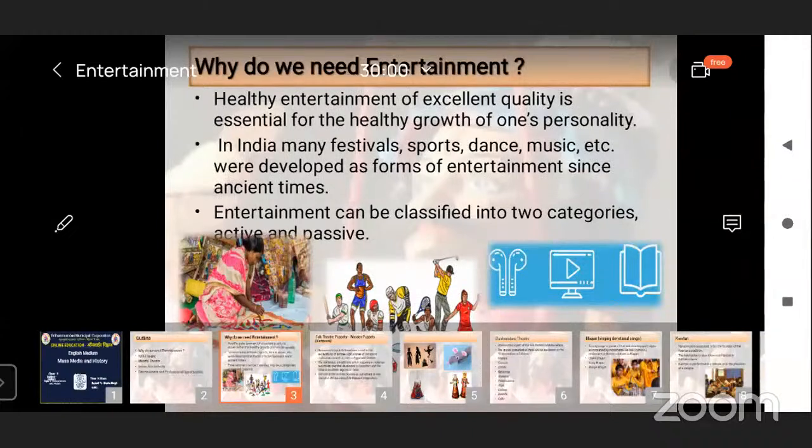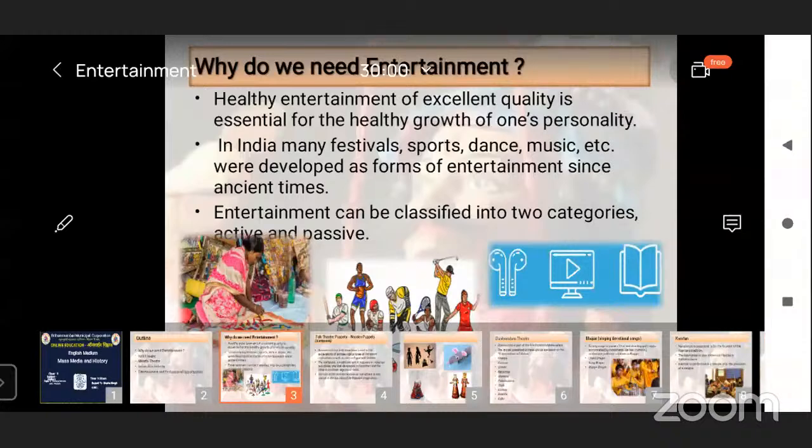Active entertainment means where your hand and mind both are involved. You're actively participating, hand and mind coordination is there, like for example painting, playing sports. Yes, all these are active entertainment, and dancing also, singing also, right? And passive entertainment means reading books, watching movies, listening to music, watching dance. All these are passive entertainment.